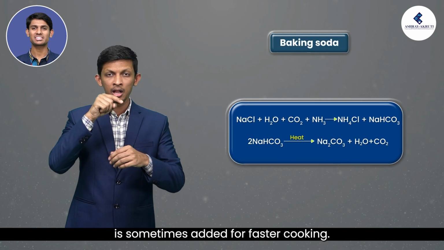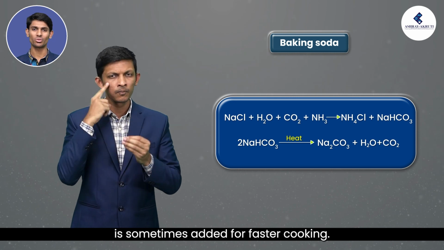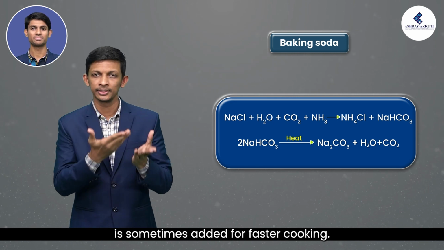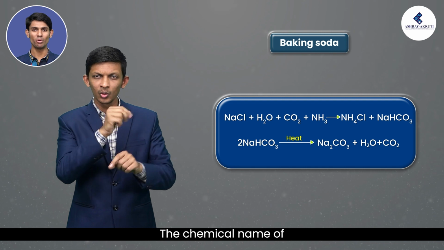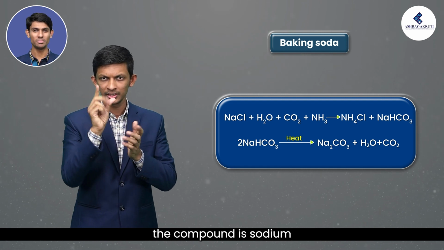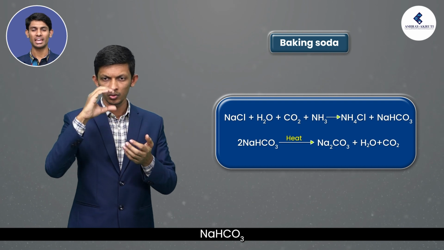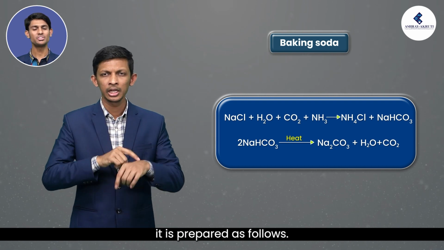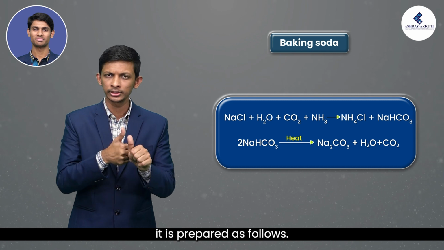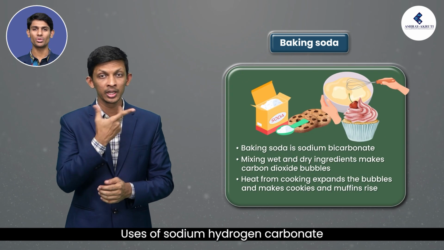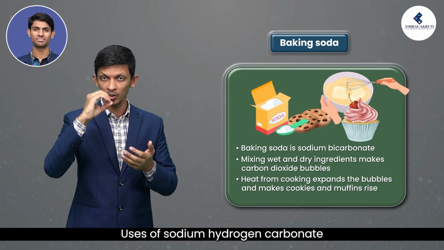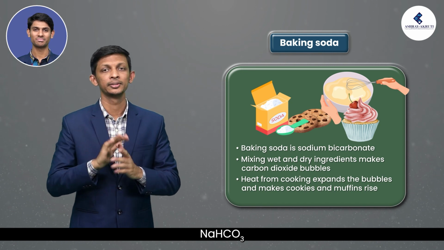Baking soda is sometimes added for faster cooking. The chemical name of the compound is sodium hydrogen carbonate, NaHCO3. It is prepared as follows. Uses of sodium hydrogen carbonate, NaHCO3.